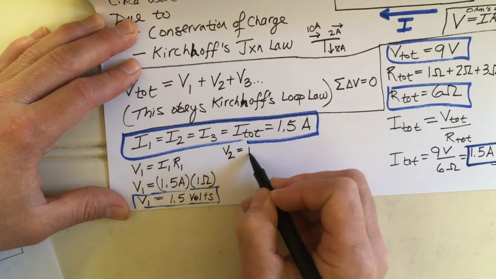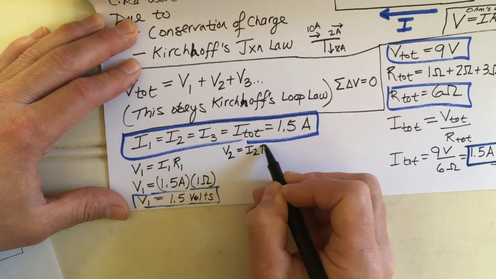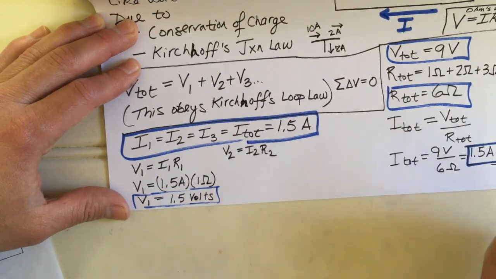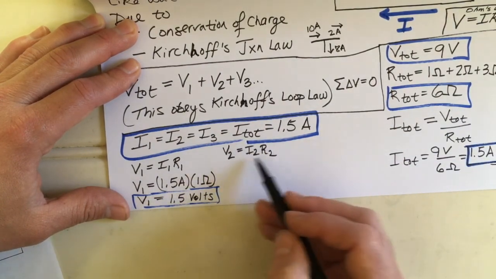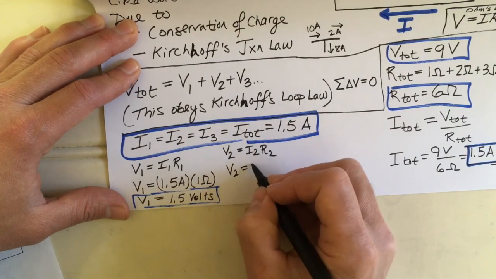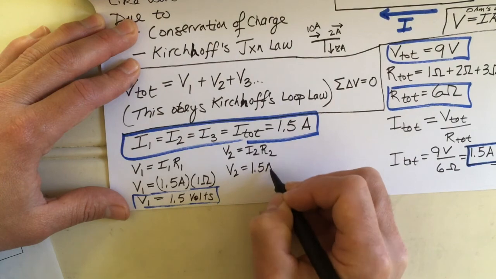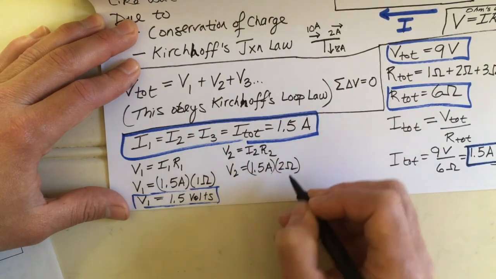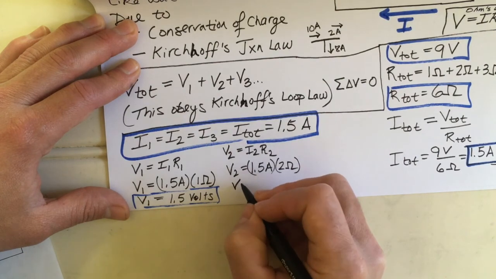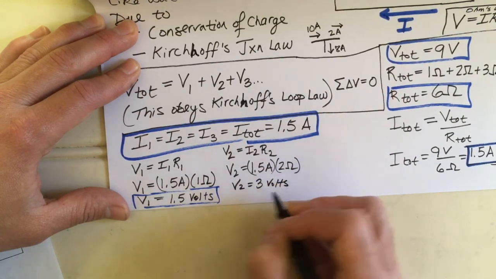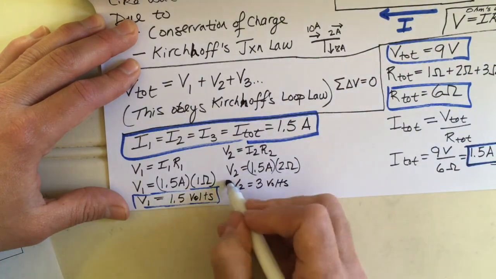V2 is equal to I2 times R2. So see how we use Ohm's law for an individual bulb, and we were using it for the total. As long as you stay consistent, you're okay. All right, V2 is equal to I2, which is 1.5 amps, obviously, times R2, which is a 2 ohm bulb. 2 times 1.5 is 3 volts. Okay, so far so good.